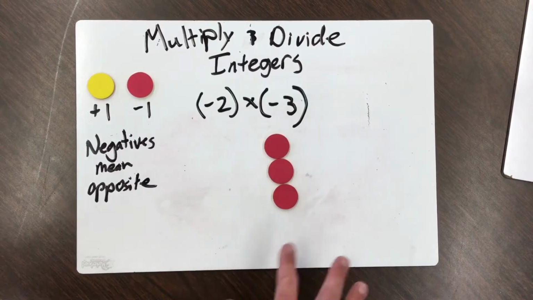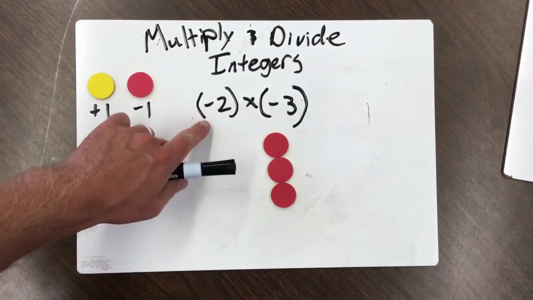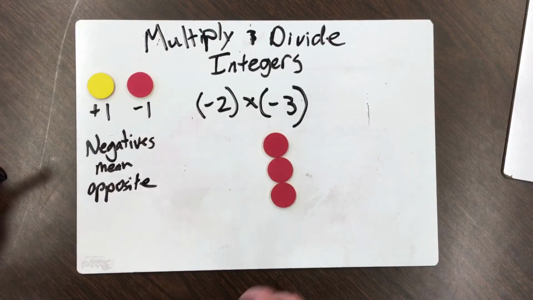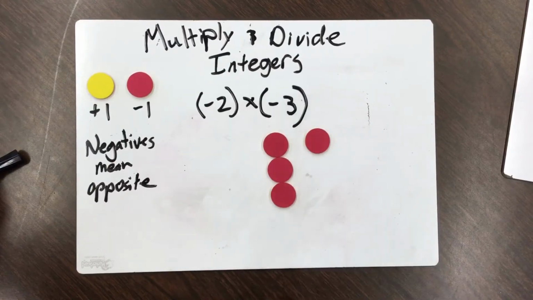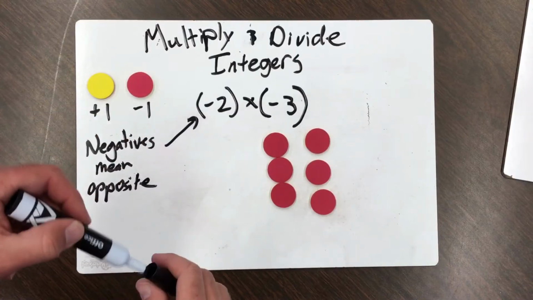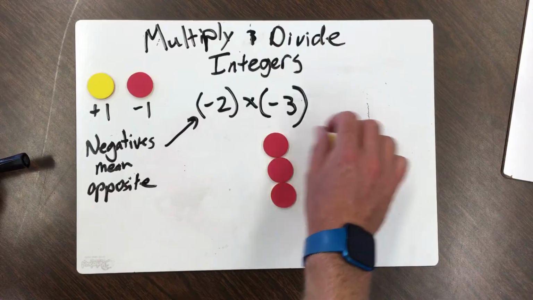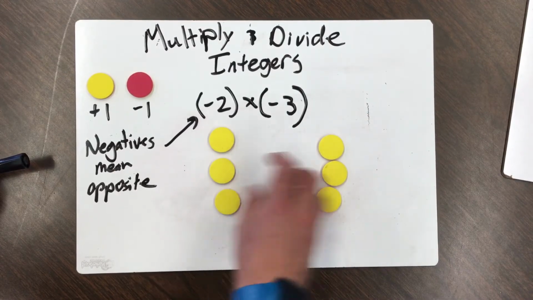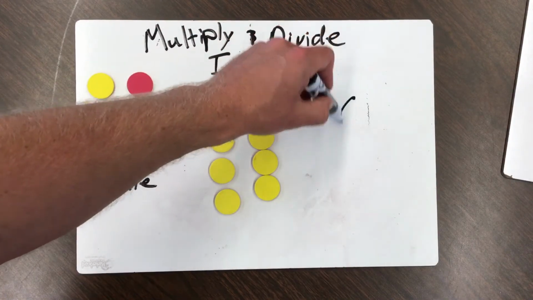The way this works is you pick one to be your starting point, and the other one tells us how many groups we need to have. Well, if this is negative 2, that means we will have to have 2 groups of these negative 3s, but negatives mean opposite. So that means we need to flip them all around. And when we flip them all around, we're left with positive 6.